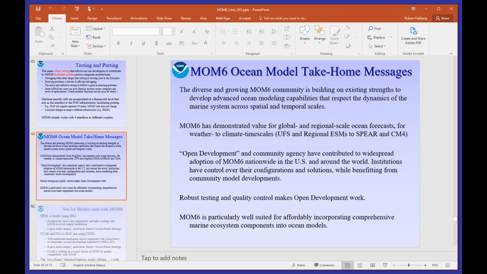Okay. The next question is by Henry Zhuang. He asked, do you consider tides from sun and moon in MOM6? Yes, we can. We have done simulations, both regional simulations with the tides and global simulations with the tides.